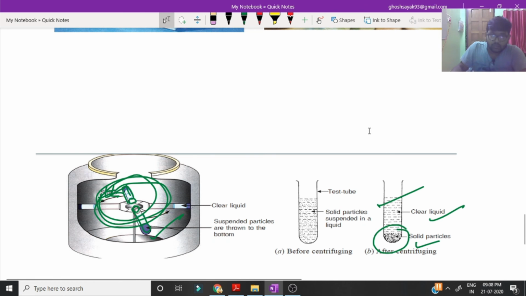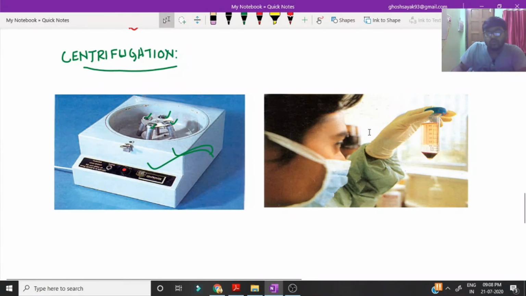So this is how we use the process of centrifugation. Generally it is used for colloids like blood. If you have to separate the components of blood, you have to apply this method of centrifugation. This is done in the laboratory where the tests are being done.